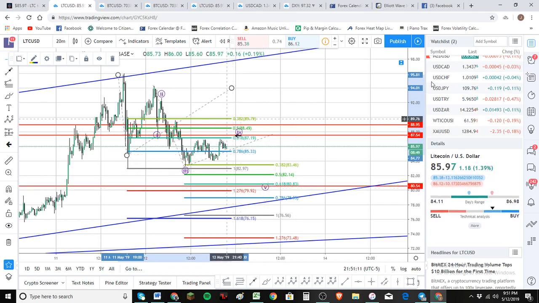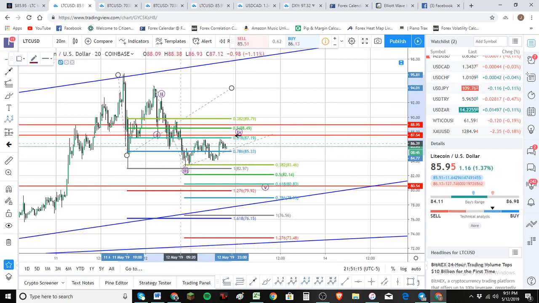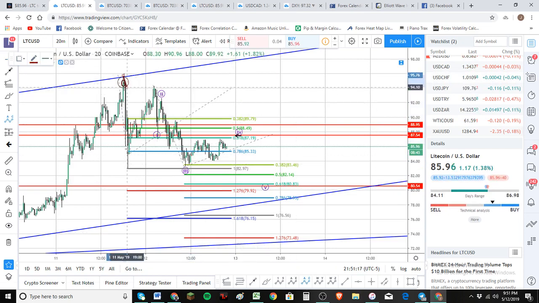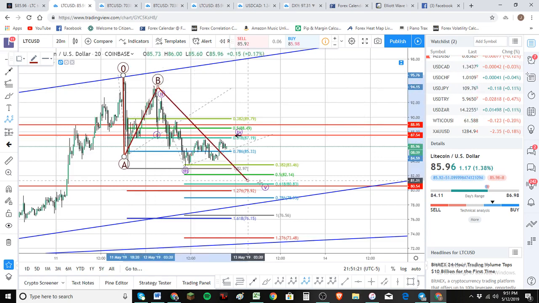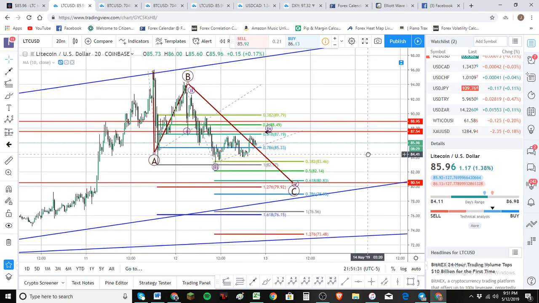That's my guess based upon the Elliott wave structure. So this is how we project potential price outcomes. After it's all done, we'll have an ABC finishing out over here, something like that. All right, so there's my price target. I'm looking for LTC to land down at 79.92. Hope that's helpful to you.